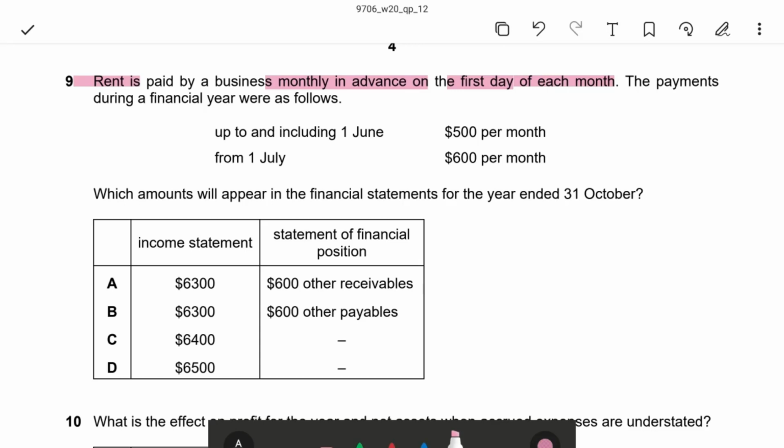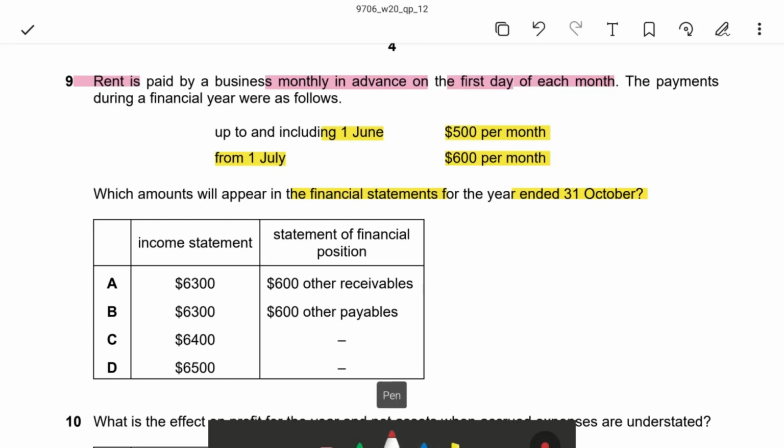Up to and including 1st June, they paid 500 per month. From July, they paid 600 per month. Which amount will appear in the financial statement for the year ended 31st October?